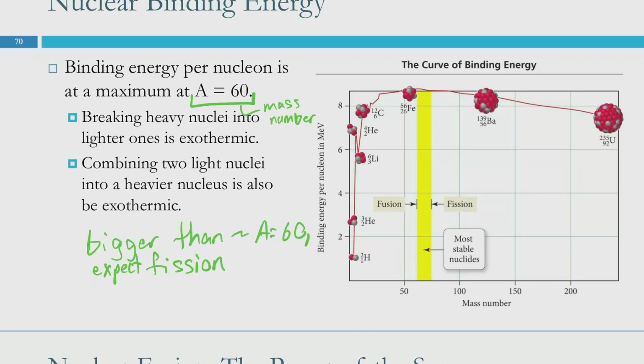Or if we hit them with a neutron or something like that. If we're smaller than around A equals 60, then we expect fusion. It's actually beneficial to include a new nucleon or many new nucleons into the nucleus. It increases the binding energy per nucleon, and it's more stable.